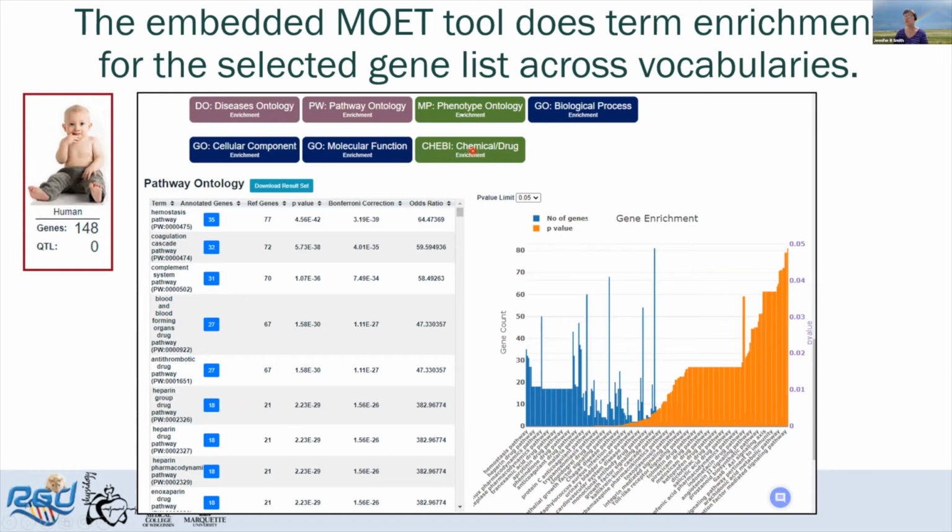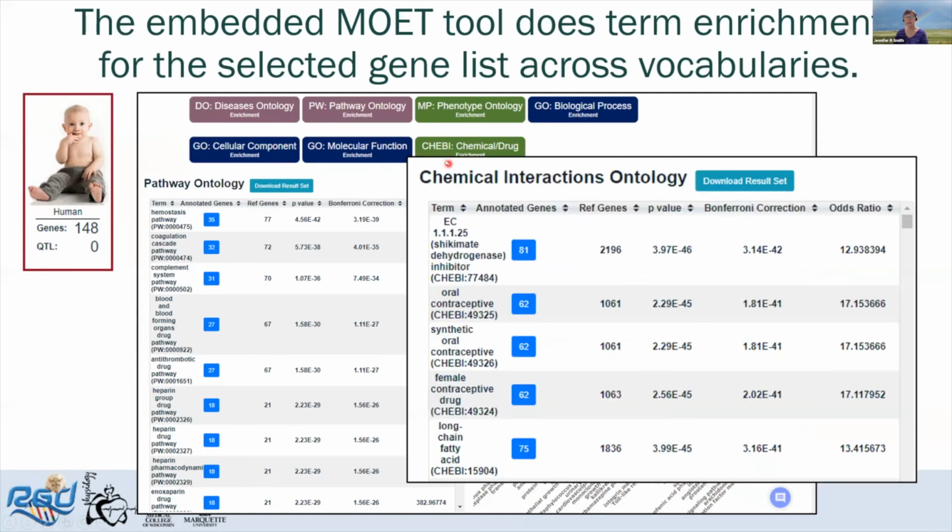If I then choose ChEBI, the gene list is automatically sent back to the tool for enrichment of the chemical interactions ontology.